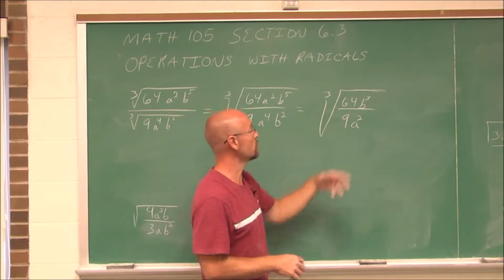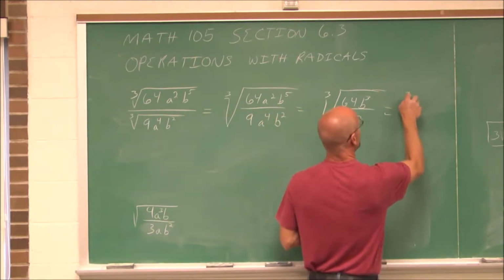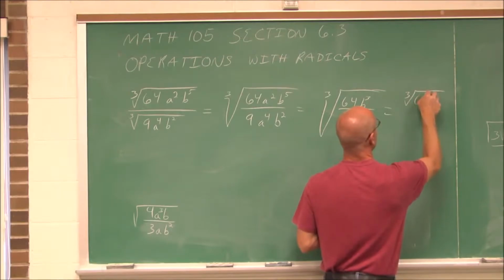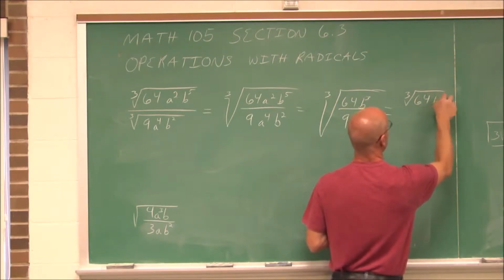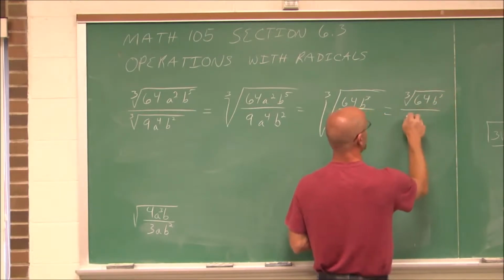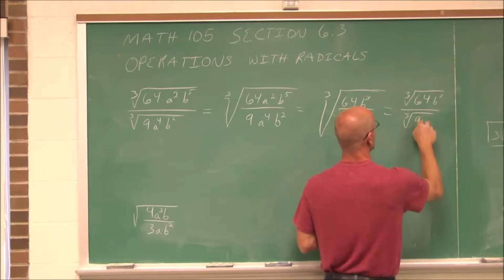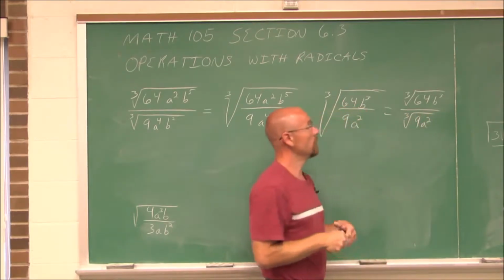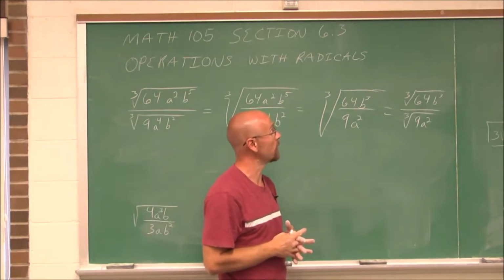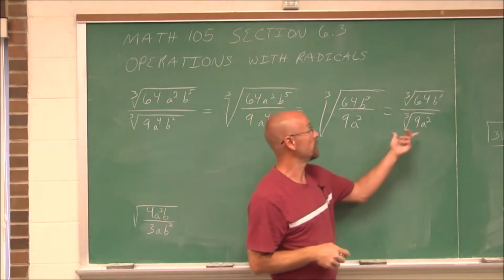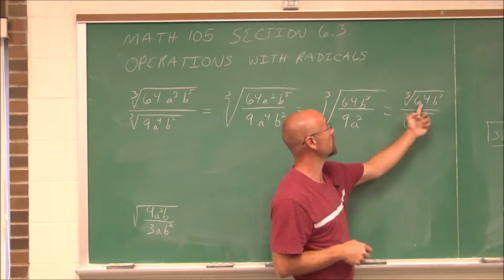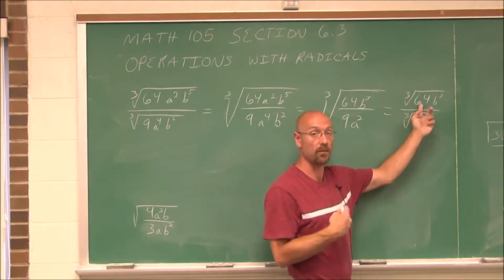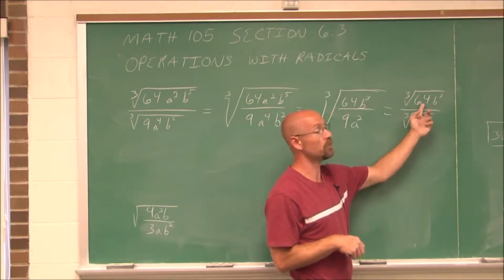Now I'm going to rewrite it using the quotient rule, the cubed root of the numerator over the cubed root of the denominator. Now, maybe I want to simplify my numerators and denominators as far as I can at this point. Well, the cubed root of 64, I identify 64 as a perfect cube. This is 4 cubed.